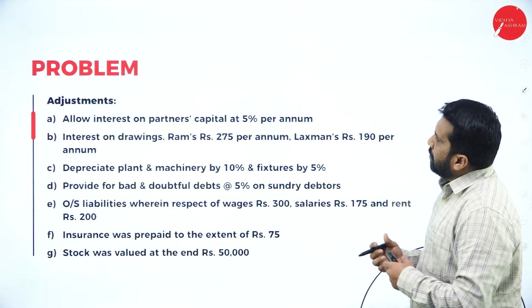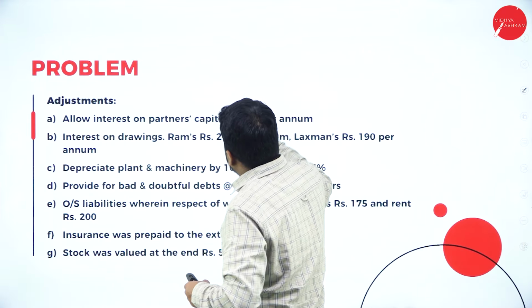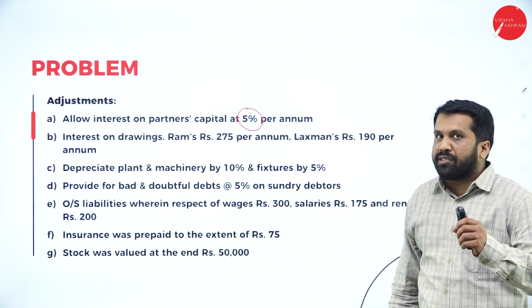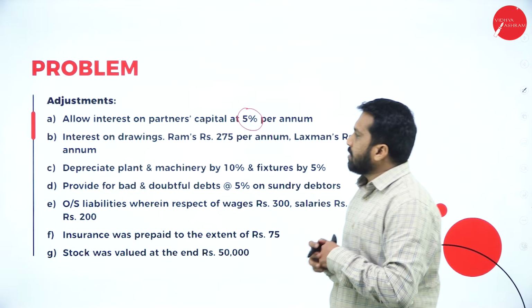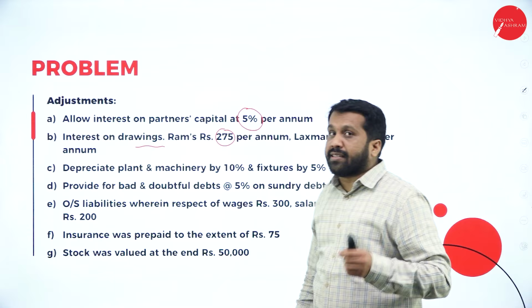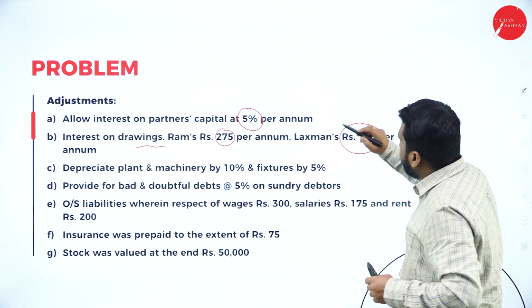Now, adjustments. Allow interest on partner's capital at 5%. Wherever you take the partner's capital account, you have to mention the percentage of interest on capital. It will be 5%. Interest on drawings, there is no need to calculate. They have given directly 275 and 190.